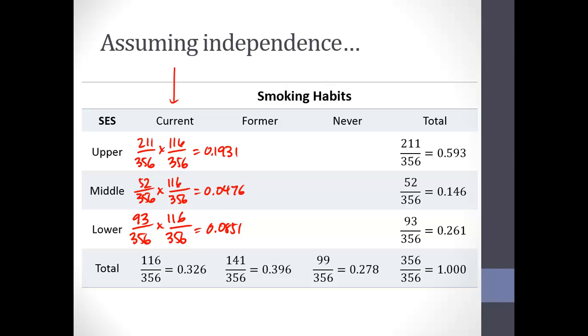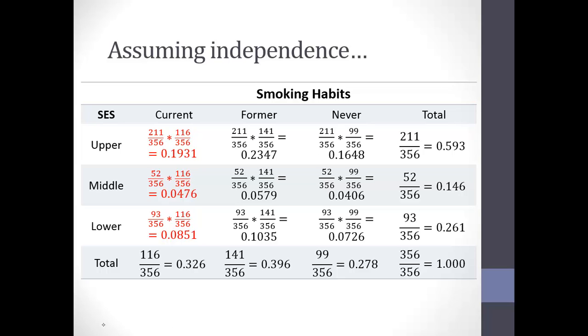And then I'm not going to take time to calculate every single one of these. The tables are in your notes. But we could do this for each cell in the table, right? So we did it for the first column. We do the same thing for the second and the third column, to find if these two variables really are independent, find your probabilities of falling into each cell.